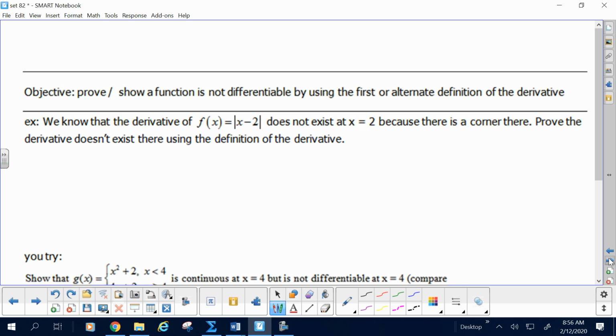Okay, cool. Do you remember the alternate definition of the derivative? The derivative at some point a is the limit as x approaches a of f(x) minus f(a) over x minus a.